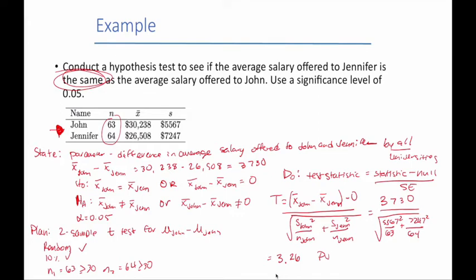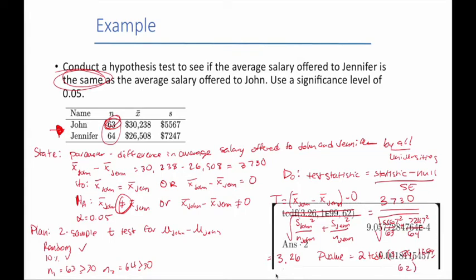Our p-value is going to be, again, two-tailed test. It's a not equal, so two-tailed test, 2 times the tcdf with a lower bound of 3.26, an upper bound of 1E99, and a degrees of freedom, the smaller of our n's minus 1. So degrees of freedom is 62.